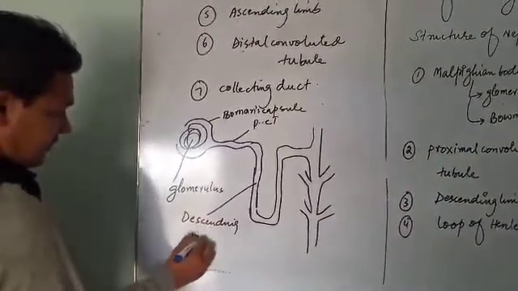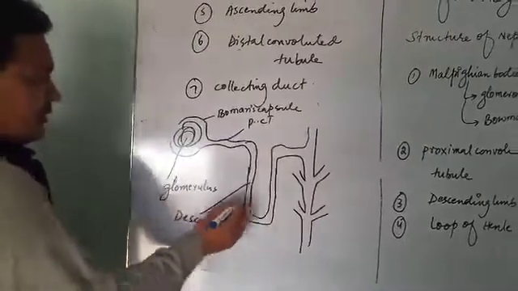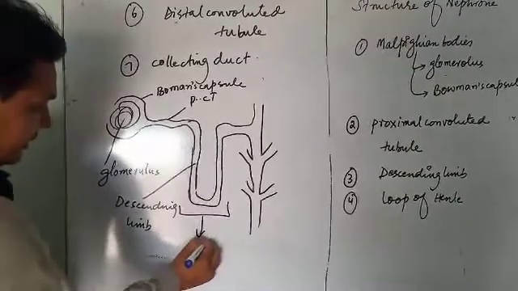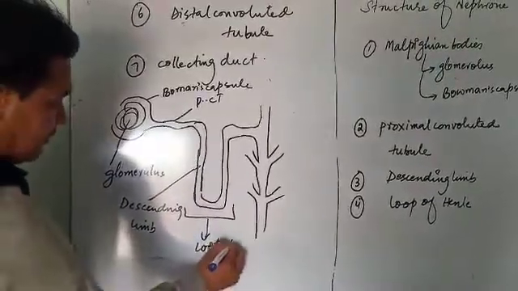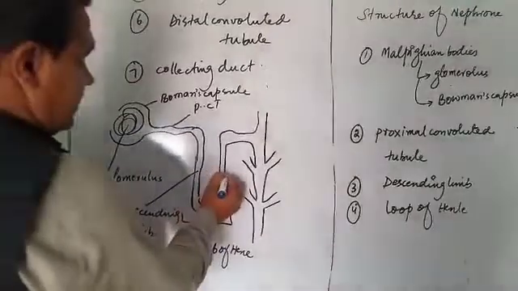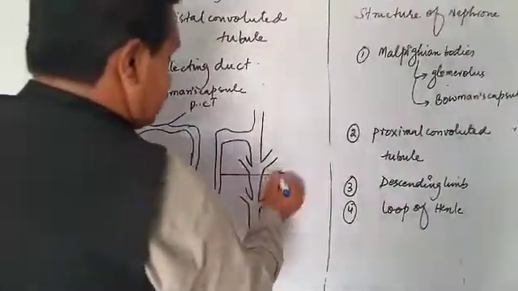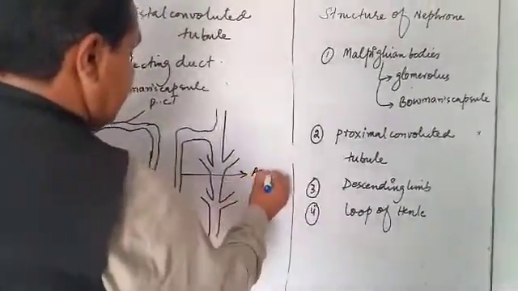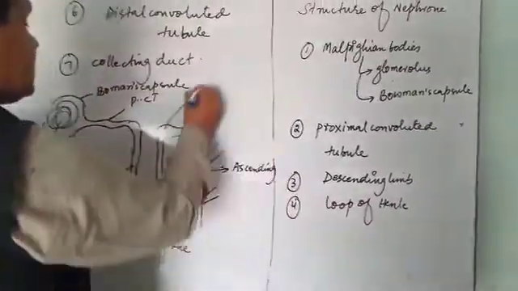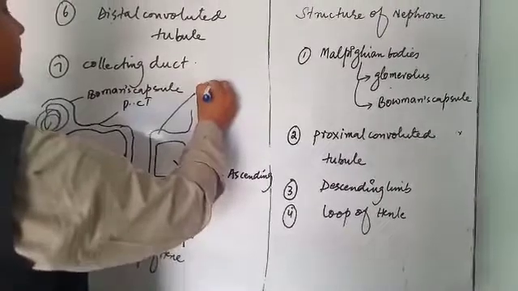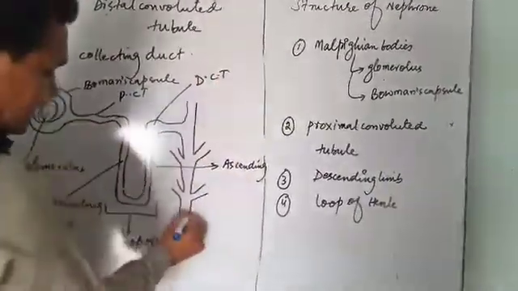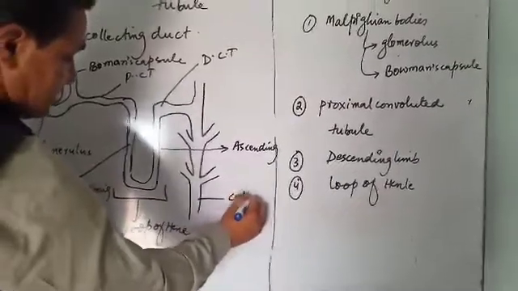And this structure is called loop of Henle, a U-shaped structure. This limb is called ascending limb, and this structure is called distal convoluted tubule or DCT, and this is the collecting duct.